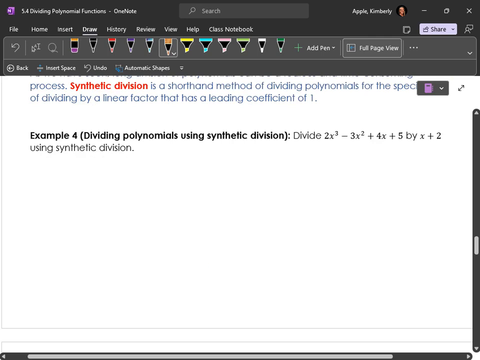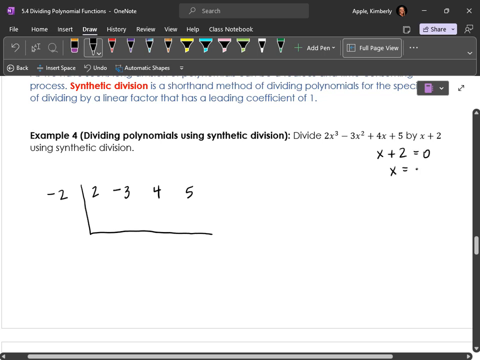And so what we're going to do is we're going to set up kind of an upside down division sign, and I'm going to take the coefficients of the dividend and write them in order in kind of columns. And then I'm going to place a -2 out here. And the way I get that -2 is I take the divisor and set it equal to 0.